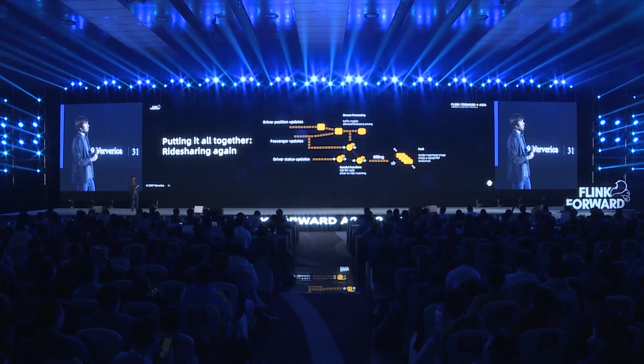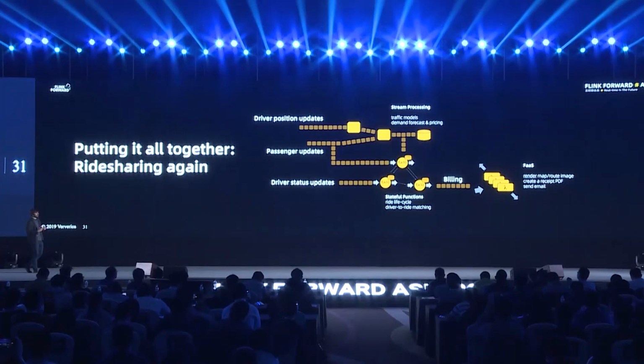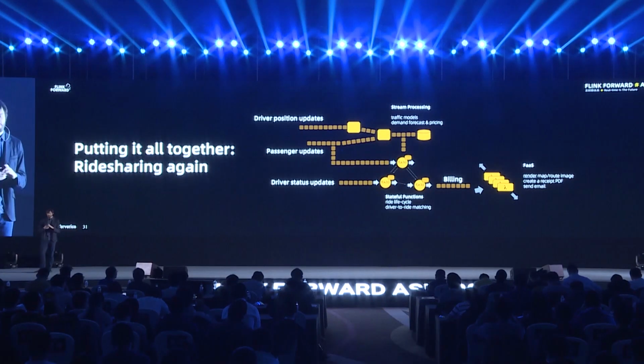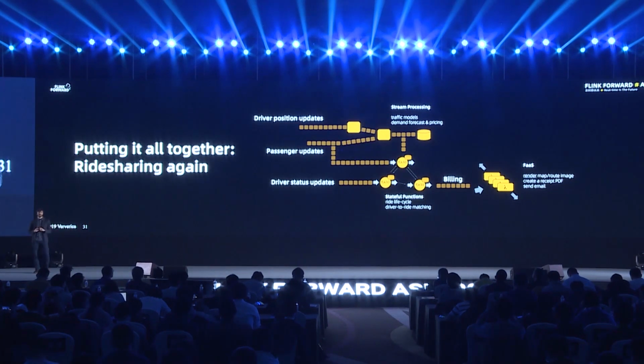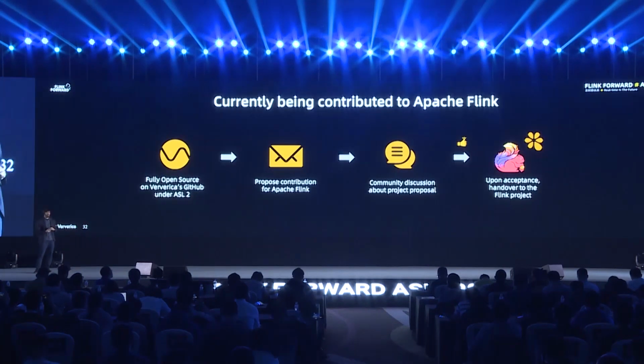So that's, let's say, a more compute-intensive but self-contained task. And for those, you would probably use functions as a service. So all of these things that we talked about today, lambda functions, stream processing, and stateful functions, they all go together pretty nicely.